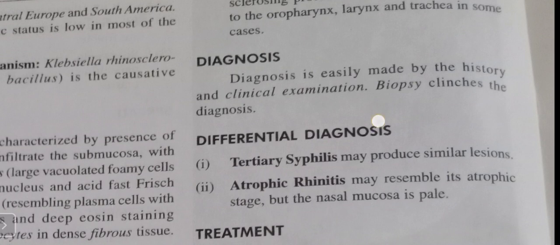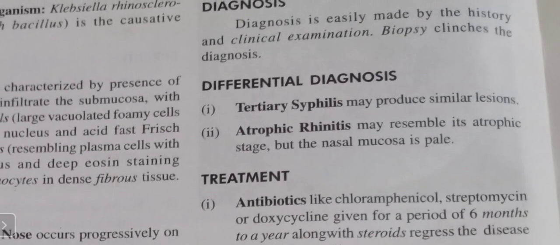Then differential diagnosis is tertiary syphilis. Tertiary syphilis may also produce similar lesions like that of rhinoscleroma. And atrophic rhinitis is another differential diagnosis. In the atrophic stage, rhinoscleroma resembles atrophic rhinitis, but the nasal mucosa is pale in atrophic rhinitis.